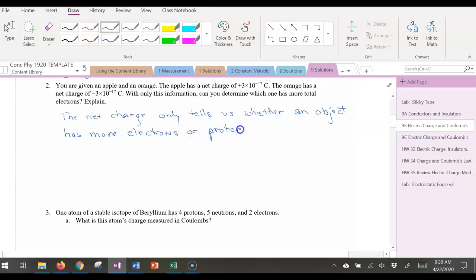So I could definitely say that the orange right now has more electrons than protons, whereas the apple has more protons than it has electrons. But the net charge does not say anything about the total number of electrons.